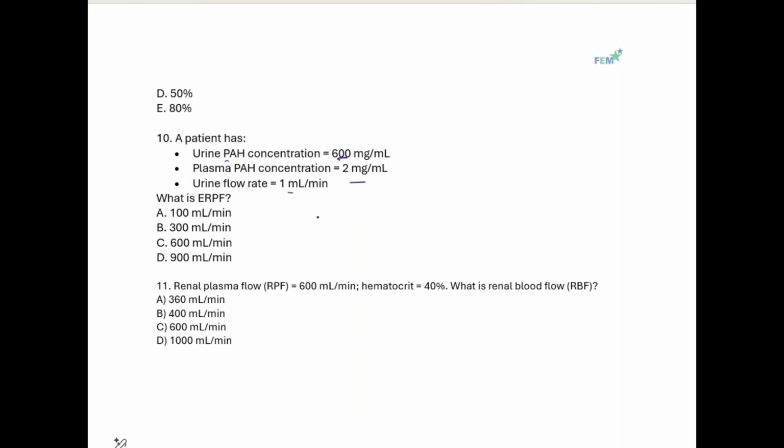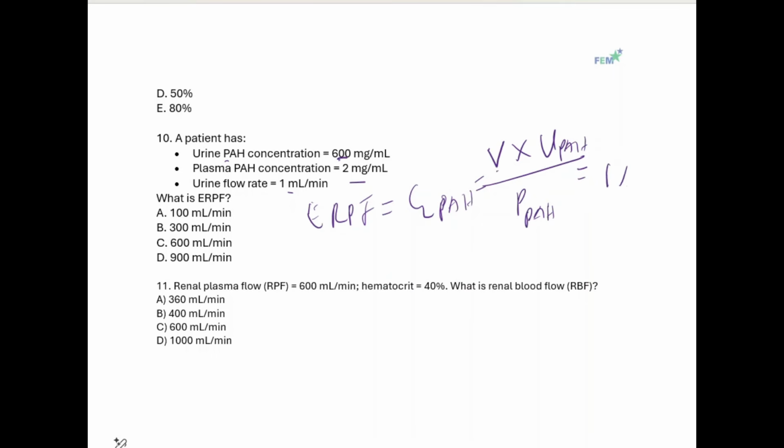As we know, the effective renal plasma flow equals the clearance of PAH, and clearance of PAH is urine flow rate multiplied by the urine concentration of PAH divided by the plasma concentration of PAH. So that is 1, multiplied by 600, divided by 2. That is 600 divided by 2, which gives us 300. So the best answer there will be D, which is 300 milliliter per minute.